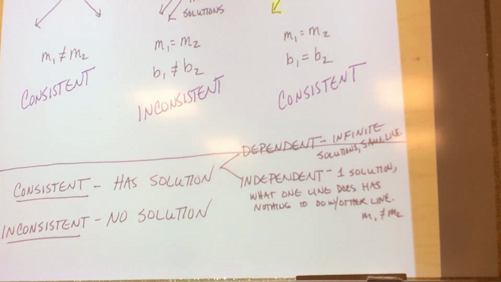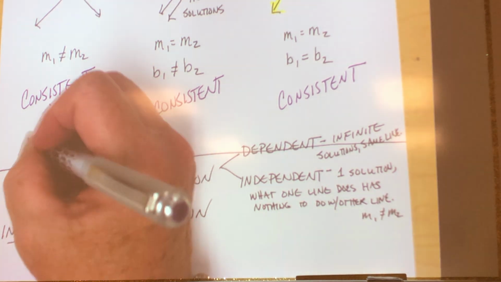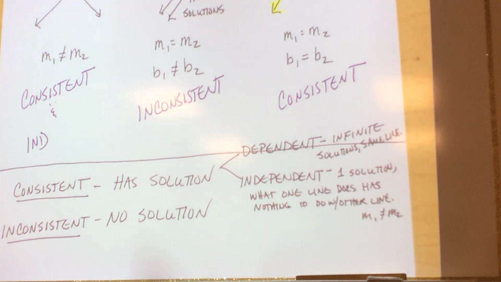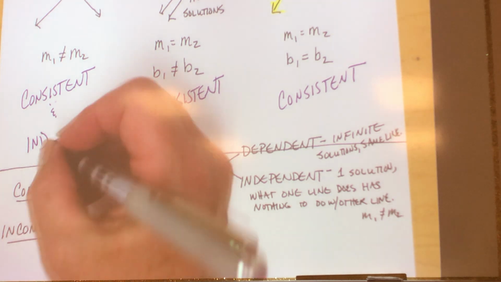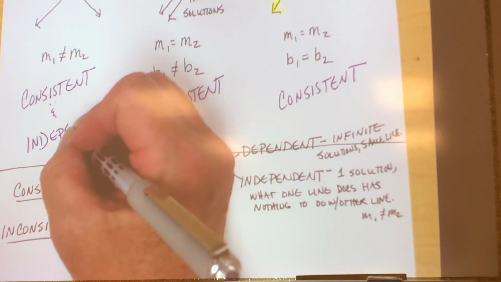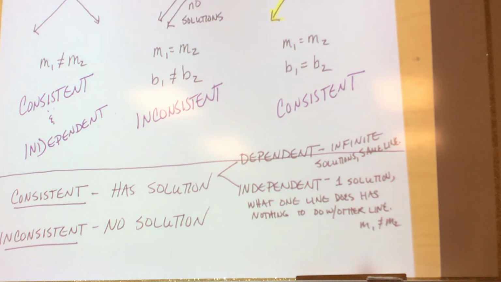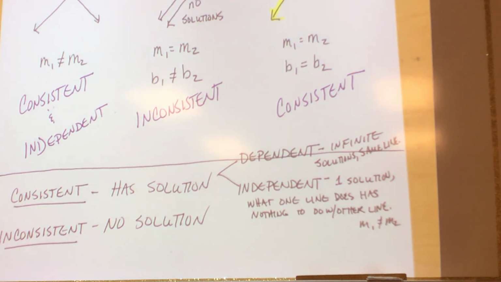Okay, so let's go back up here. Consistent and what? Independent. They are two independent lines doing different things. I hope to raise my children to be independent of me, okay?